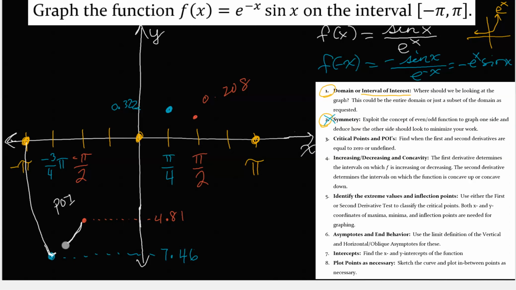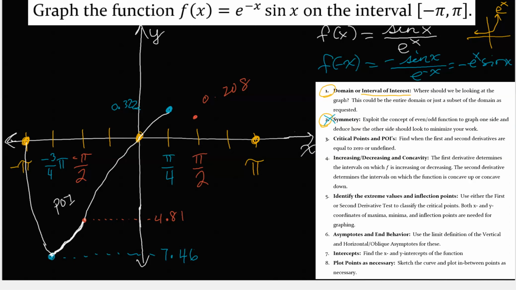And then it's increasing, concave down. Let's make it smooth and nice. And then concave down and increasing, so it would be like this. Okay. And then it continued to increase and concave down up to here.